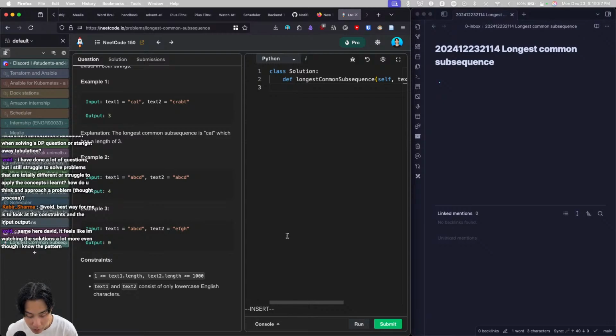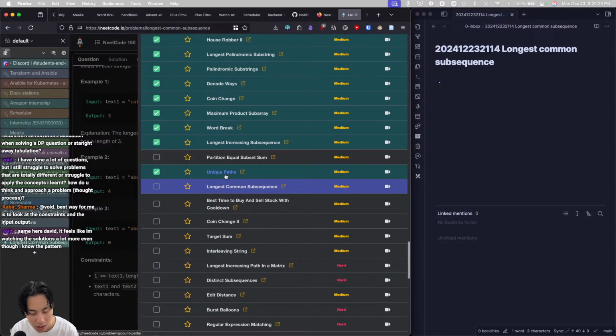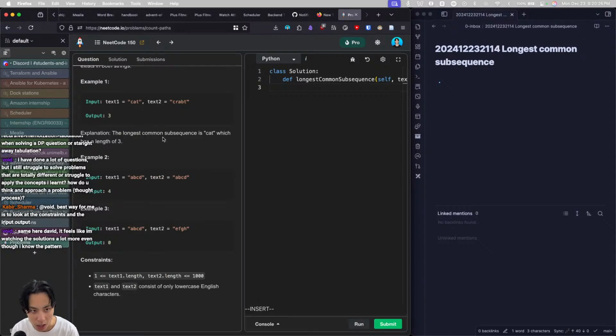Some of it requires a little bit of ingenuity, I guess you could say, but let's see if we can actually think of anything for this one. I know this is a 2D dynamic programming problem. I might want to revisit what the previous 2D dynamic programming problem was at this stage, so let me take a look at what unique paths was.